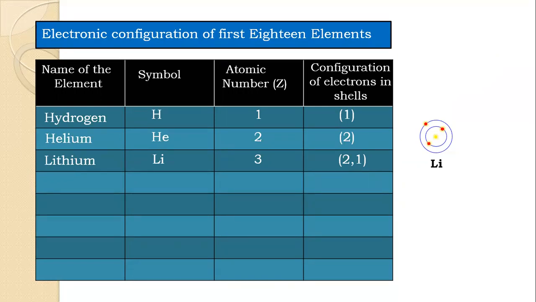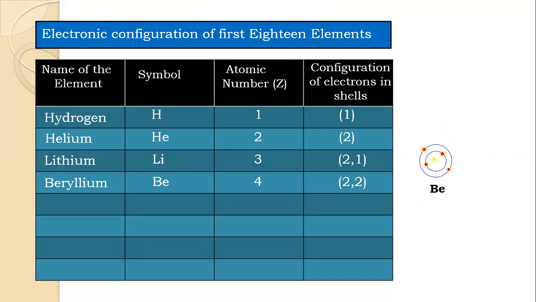Let's check about the next element, that is beryllium. The atomic number of beryllium is 4. Electronic configuration 2, 2. So again for beryllium, the second shell is the last shell, which has 2 electrons. So what will beryllium do? Easy peasy lemon squeezy. Beryllium would rather give 2 electrons than take 6 electrons.